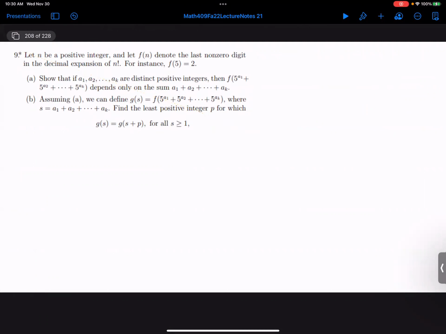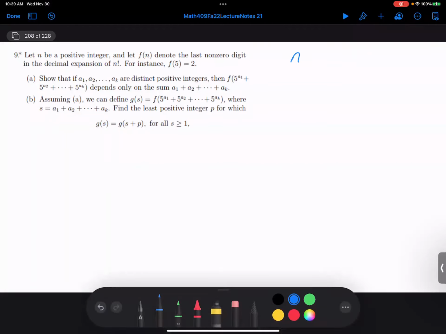So let n be a positive integer, and f of n is the last non-zero digit in the decimal expansion of n factorial. Okay. So if we look at a little table, here's n factorial, here's f of n. So 1, 2, 3, 4.